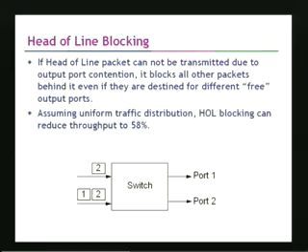So the head of the line packets limit the throughput of a switch, and it can be shown that if the traffic distribution is fairly uniform, then the switch throughput will be limited to just 58%. Now, in practice the traffic distributions may not be uniform. There can be several pathological cases in practice, and if that happens, the throughput will be even worse. The throughput will turn out to be even less than 58%.